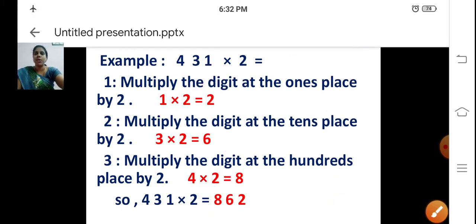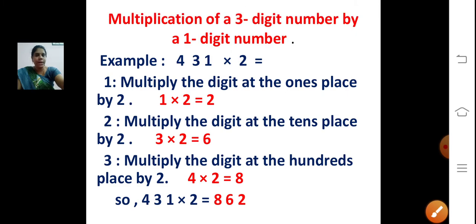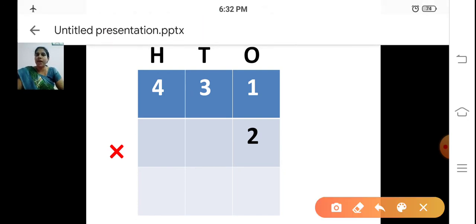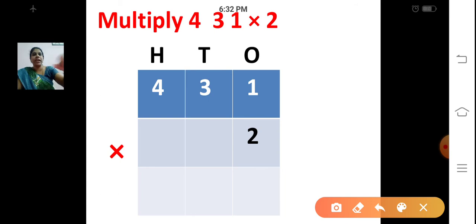Now we'll see how to multiply a 3-digit number by a single-digit number using the vertical method of multiplication. Same way. So what is the first step? We are going to multiply 431 into 2. First we multiply the digit at the ones place by 2. So 1 into 2.